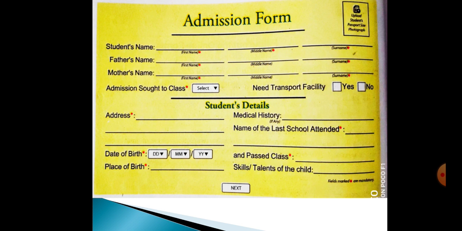Next, last passed class. Last year, which class you passed, mention here. Place of birth, your birthplace, write the name of that city or village. Skills, talents of the child. If you have any skills, mention or write here.